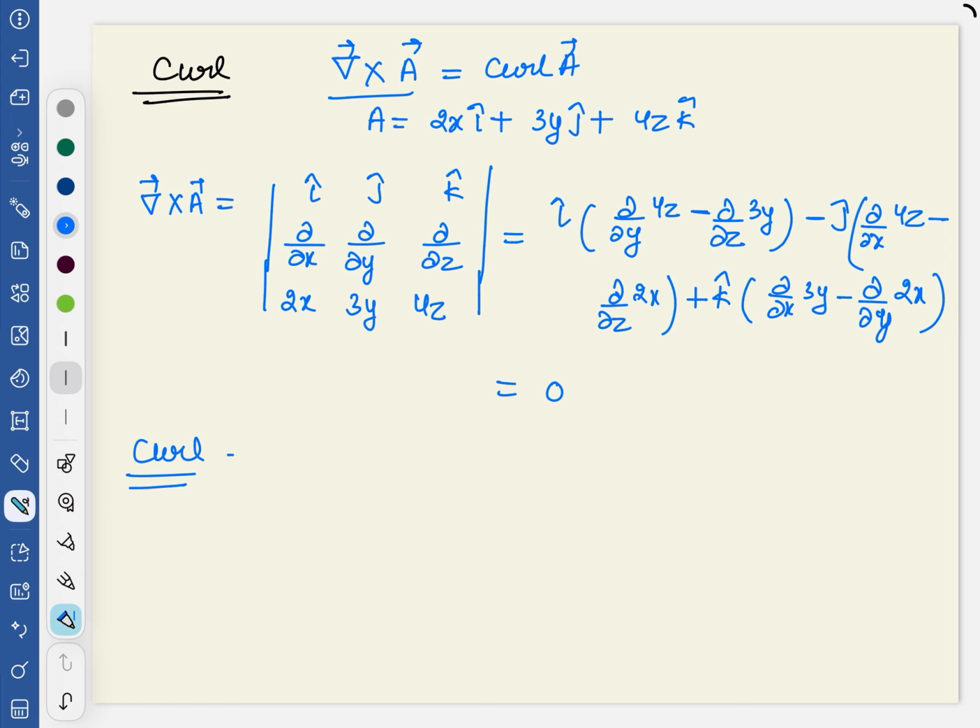As the name suggests, curl, the physical significance of curl is it will show how much a vector quantity curls.